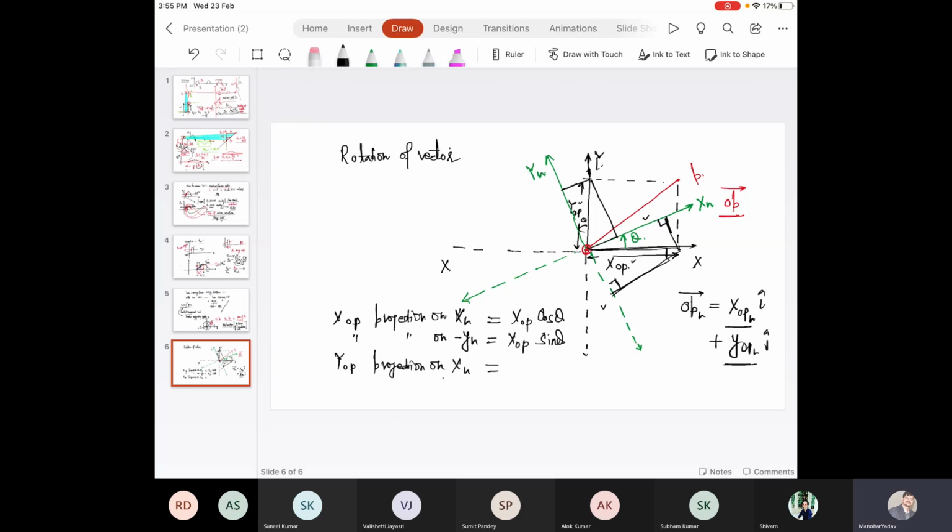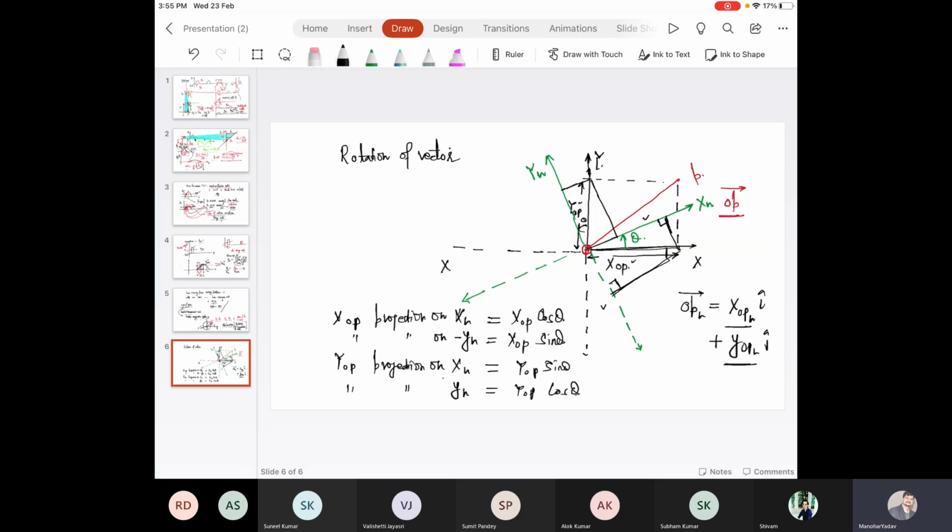This is also angle theta. So this will be YOP sin theta. Okay, now YOP projection on yn, now it's not minus yn, it's plus yn, and it is equal to YOP cos theta.